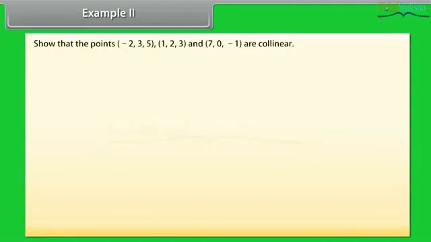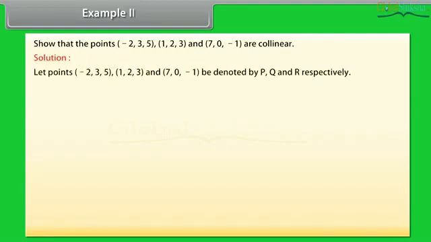Example 2. Show that the points (-2, 3, 5), (1, 2, 3) and (7, 0, -1) are collinear. Solution. Let the points (-2, 3, 5), (1, 2, 3) and (7, 0, -1) be denoted by P, Q and R respectively.